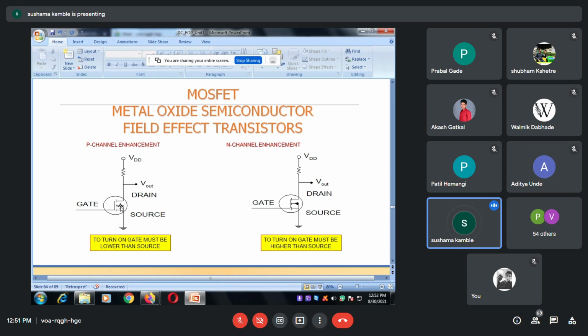This is the substrate, and this arrow is away from the body. And here the arrow is towards the body. Now, what is the requirement in a P channel for the MOSFET to be on? To turn it on, the gate must be lower than the source. That is the first requirement.